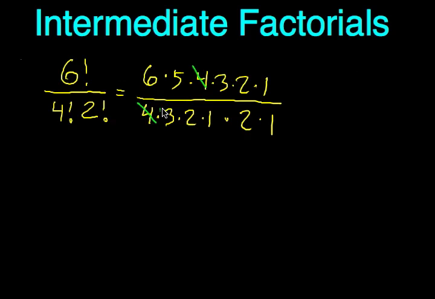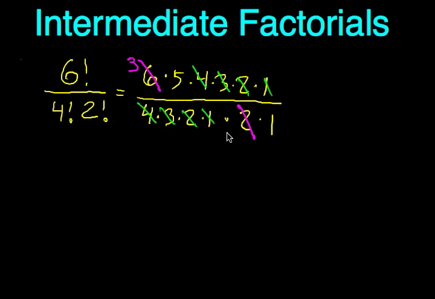The 4, the 3, the 2, and the 1, this was that 4 factorial that we had canceled earlier. 6 times 5 times 4 factorial is 6 factorial. But now what are we left with, this 2 and the 1? Well, here we can cancel, and if you remember your fraction rules, 6 is 3 times 2, so 6 in the numerator can cancel with 2 in the denominator. I'll cancel that 2, I'll cancel that 6, and I'll write a 3.